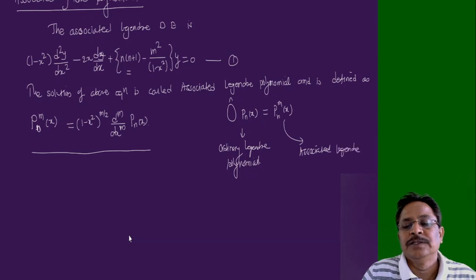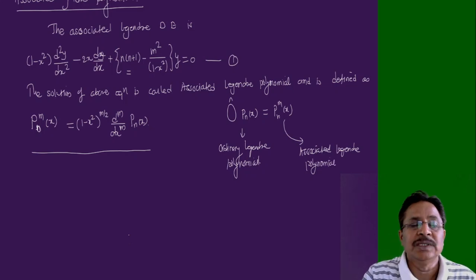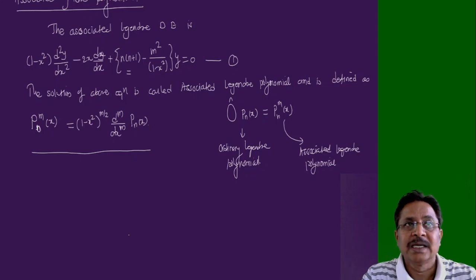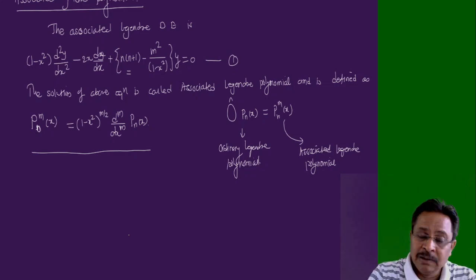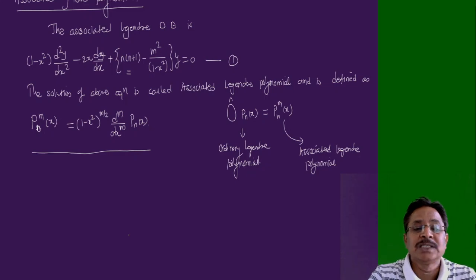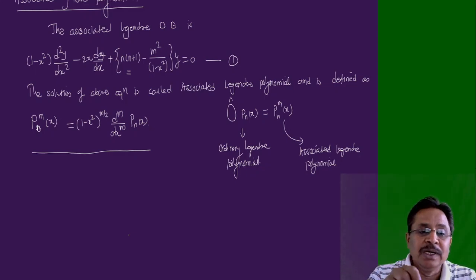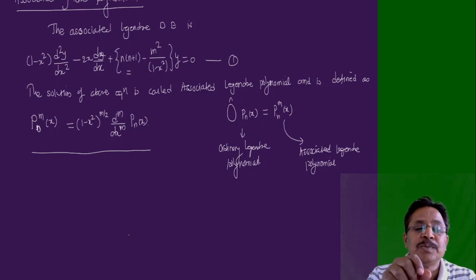Once I know the Legendre differential equation and its solution, that is the Legendre polynomial, I can get the associated Legendre differential equation and associated Legendre polynomial just by operating this operator, (1 minus x square) raised to m by 2 d raised to m upon dx raised to m, on this P_n of x. So operating this operator on P_n of x, we get the associated Legendre polynomials, that is P_n^m of x. So this is the definition.